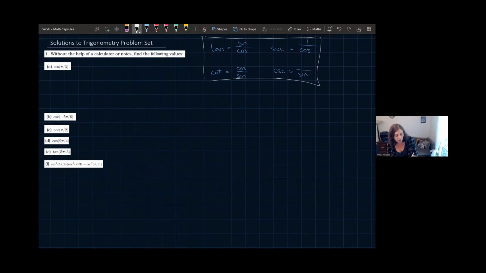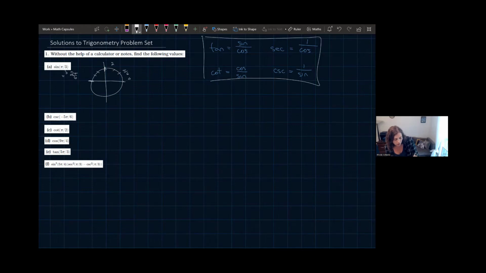So number 1a, we want sine of pi over 3. The first thing to do is remember that pi over 3 can be written as 2 pi over 6. So I'm looking at a multiple of pi over 6 on my unit circle. That means I can divide each half of the circle into 6 equal portions, and each portion would then be worth pi over 6.